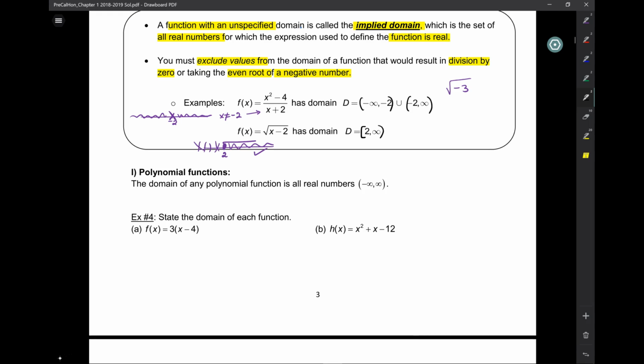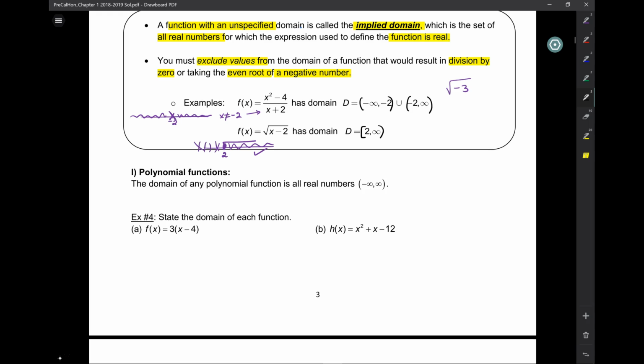Now, in order to find domain and range, we're not going to use our graphing calculators. There are some tips though. First of all, we can classify functions into three dominant categories. One is polynomial functions.